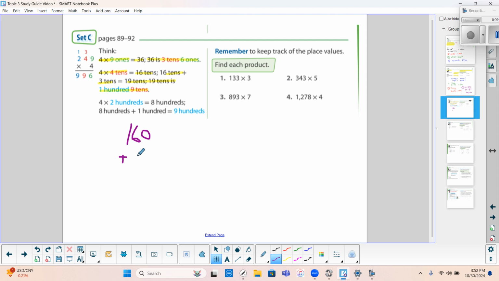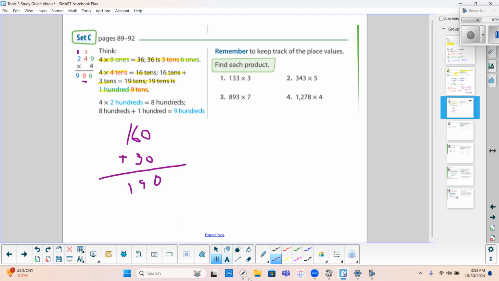Plus, we already have 30 from 4 times 9 is 36. So basically they're saying, put a 0 there. 6 plus 3 is 9. Bring down your 1. So you end up with a 9 in this place value and a 1 up here because that's really 100.